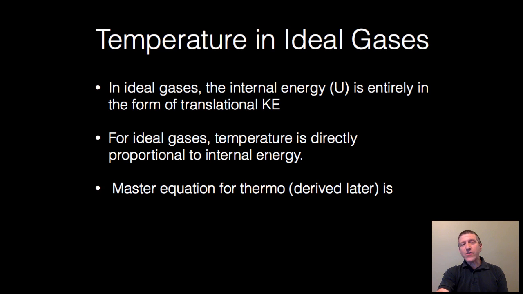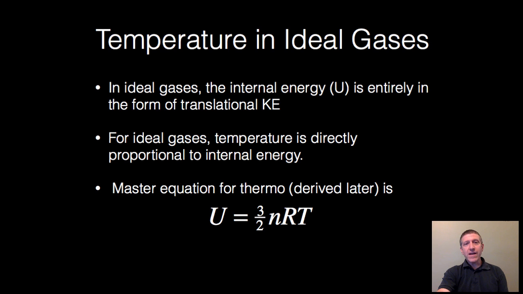So the master equation for thermo, which really kind of puts everything together, we're going to derive this later, but here's the master equation. The internal energy of a gas is 3/2 times n, which is the number of moles of gas, times R, which is the universal gas constant, times the temperature in Kelvin.